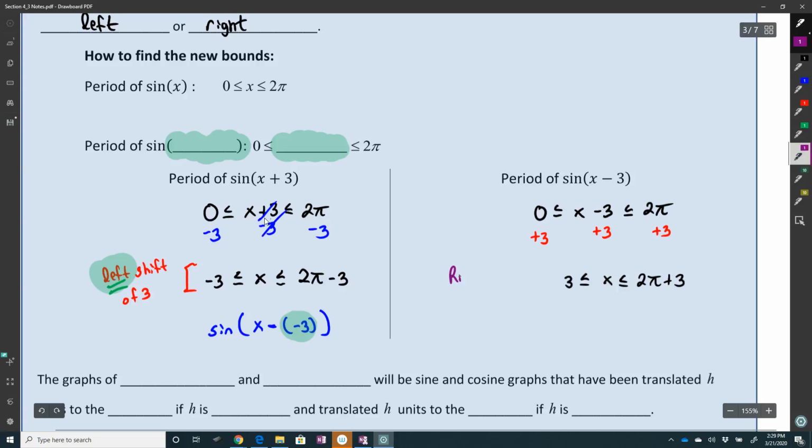Okay, this is a right shift of 3 units. And again, to avoid the confusion, because you look at that and you see minus 3, but it's going to the right, in math what they do, and it's a common practice, is we write x minus a positive 3. So you just change the way it's written, so that positive 3 corresponds with right.